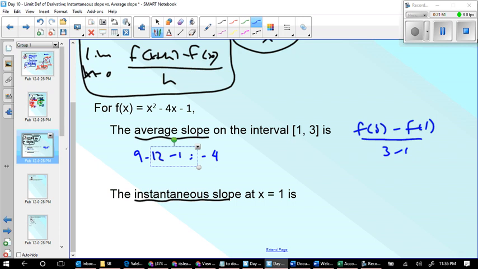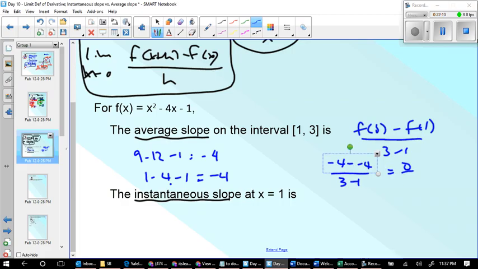And at 1, let's see, that's 1 minus 4 minus 1. That is also equal to negative 4. Of course, they're not always equal to the same thing, right? But in this case, they are. So I've got negative 4 minus negative 4 all over 3 minus 1, which gives me 0 over 2, or equal to 0. So my average slope between 1 and 3 is 0.